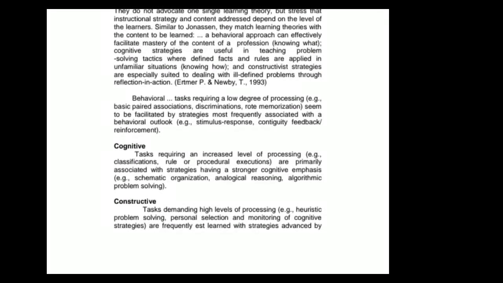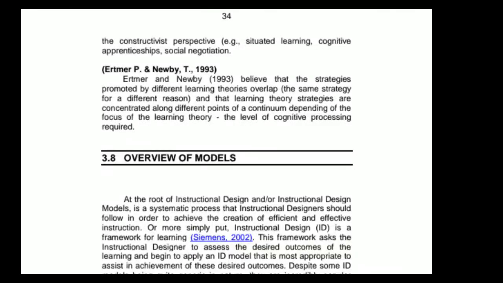Cognitive tasks requiring an increasing level of processing are primarily associated with strategies having a stronger cognitive emphasis. Constructivist tasks demanding a high level of processing are frequently learned with strategies advanced by the constructivist perspective. Examples: situated learning, cognitive apprenticeship, social negotiation.